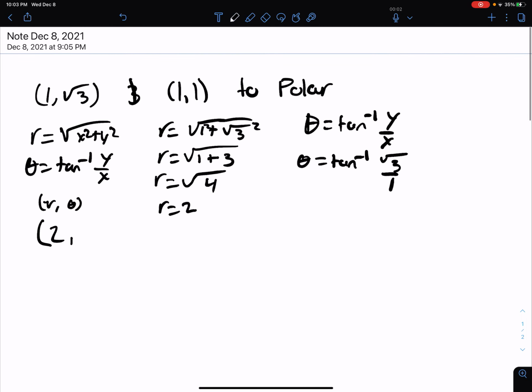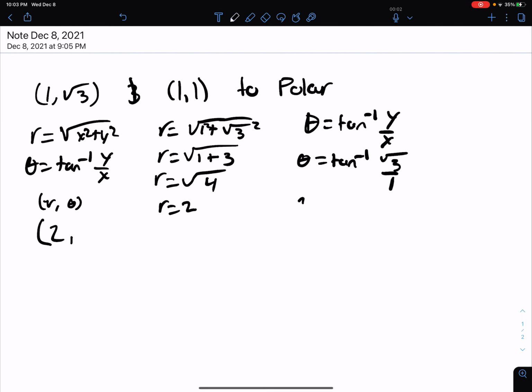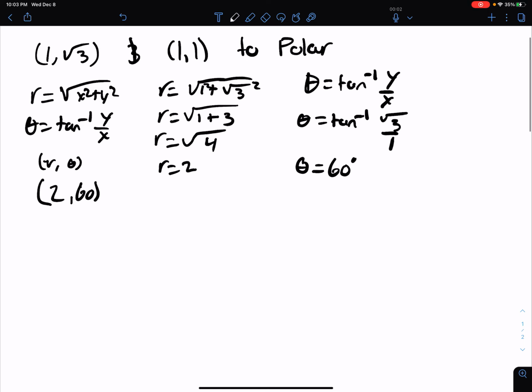You can go ahead and forget about the 1 since anything divided by 1 is itself, so the tan inverse of square root of 3 is going to be 60 degrees if you use your unit circle. That means our theta is 60 for the first one.